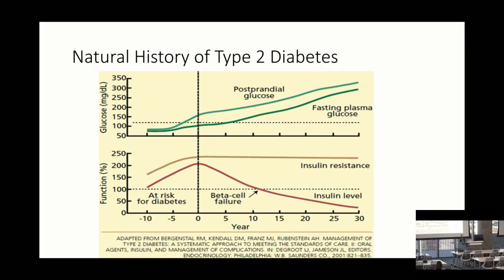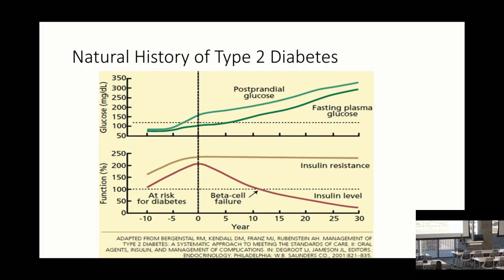This is illustrating type 2 diabetes, what happens to the glucose, the beta cell, and insulin resistance over time. If you look at the bottom graph, you can see that as insulin resistance goes up, initially there's a compensation by increasing the insulin level, so it matches the insulin resistance.